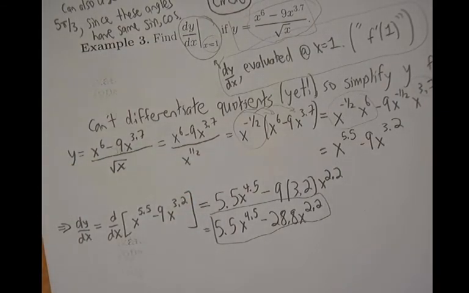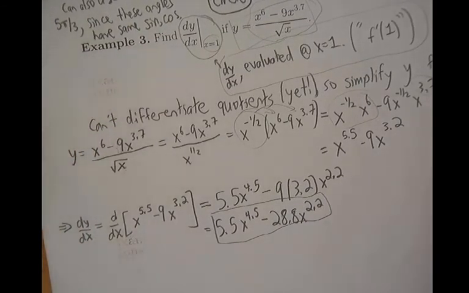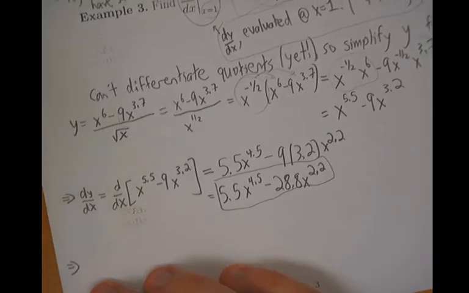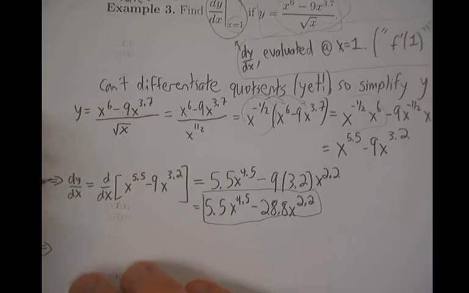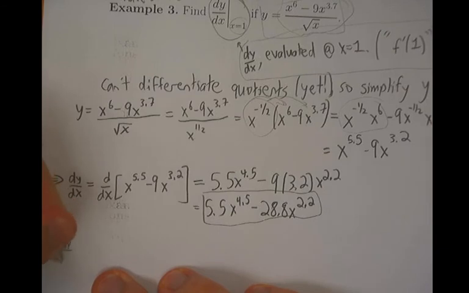Now all we have to do is, if we want to figure out what this expression is, just let x equal 1 in our derivative. So now we have dy over dx at x equals 1.